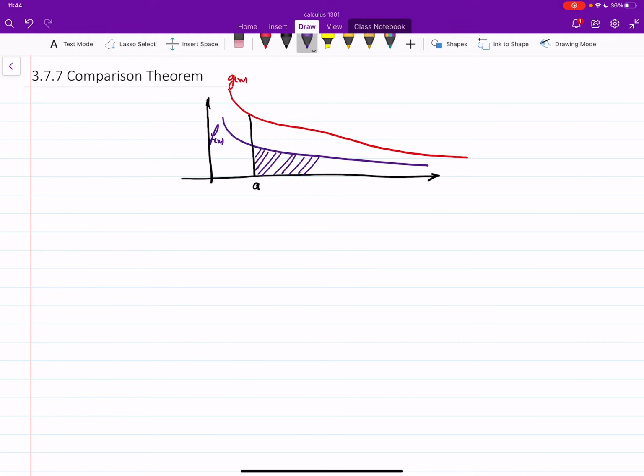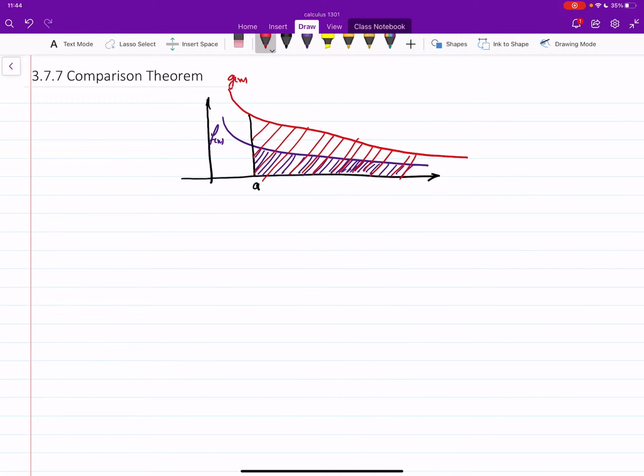Since this graph goes up to plus infinity, it's given by an improper integral. If this improper integral is divergent, in other words, the area under the graph of this function is not a finite number, then definitely the area under the graph of g is going to be infinite, because that area is always greater than the area of the region under the graph of f, yes?